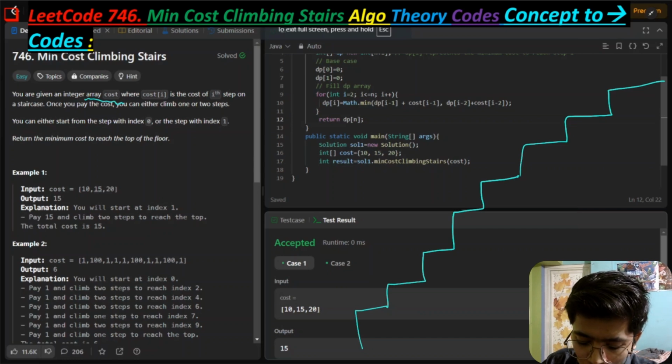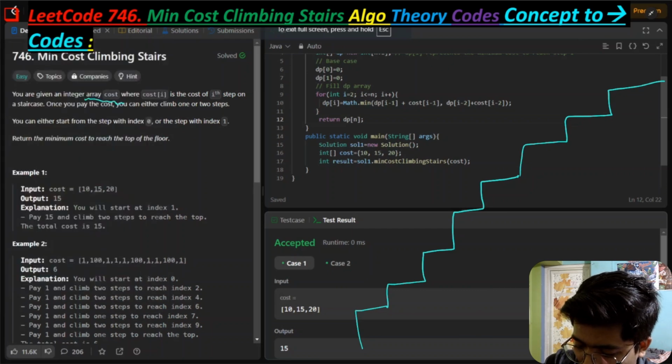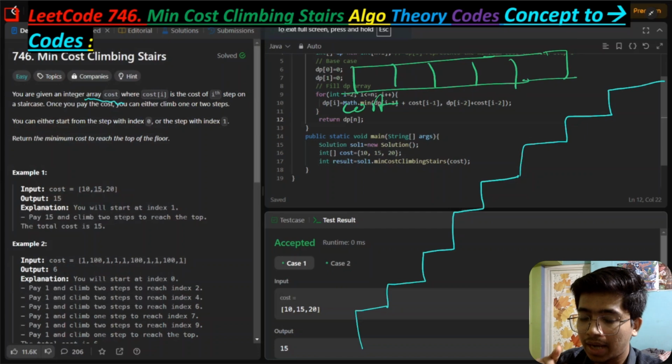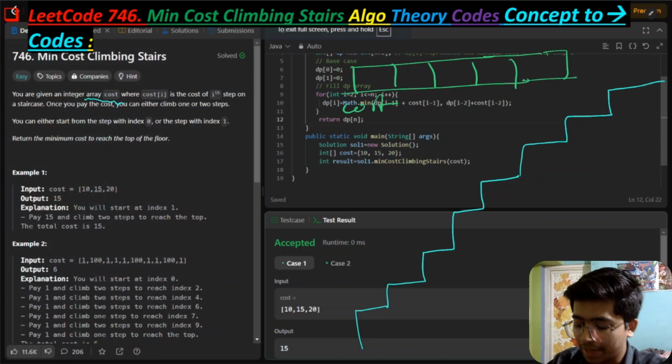So we are given an integer array, and the name of this integer array is cost, where cost[i] is the cost of the ith step on a staircase.